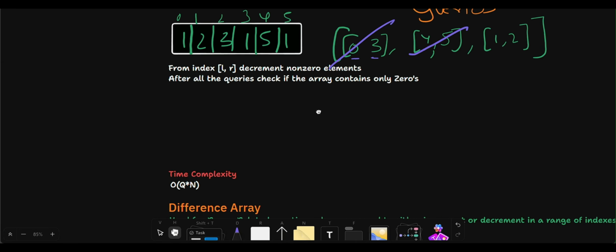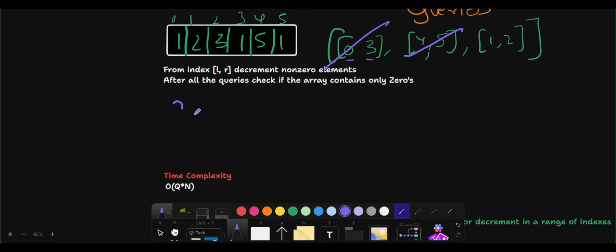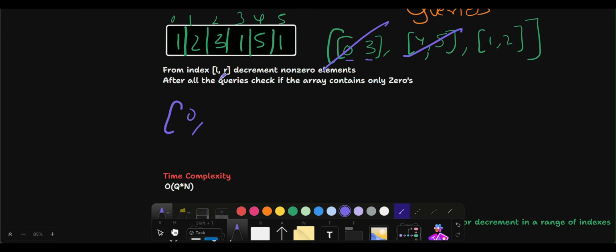This will decrement twice because it is present in both this range and this range, so it will become 0. And this will decrement only once, so it will become 2. This is 3, so we'll decrement that, it will become 0.